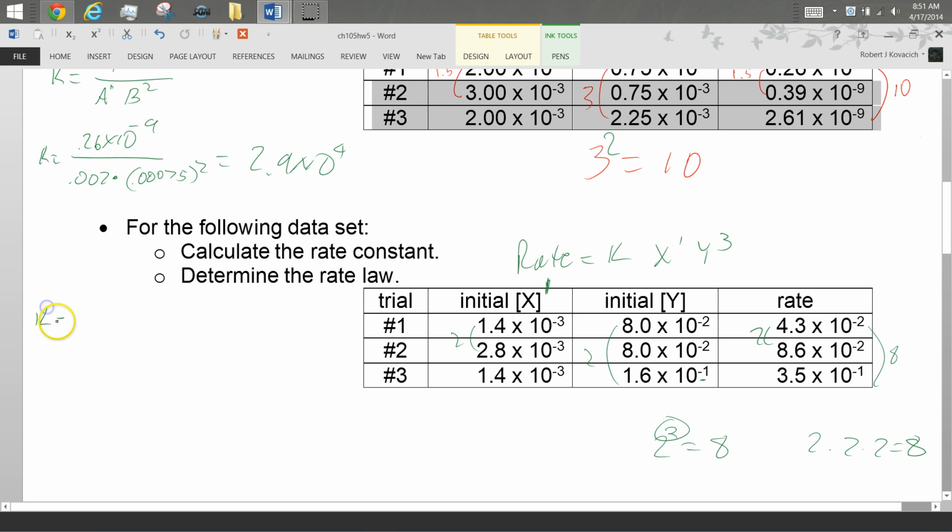and K is equal to, I'll pick the first one again, 4.3 times 10 to the negative second divided by 0.0014 times 0.08 cubed.